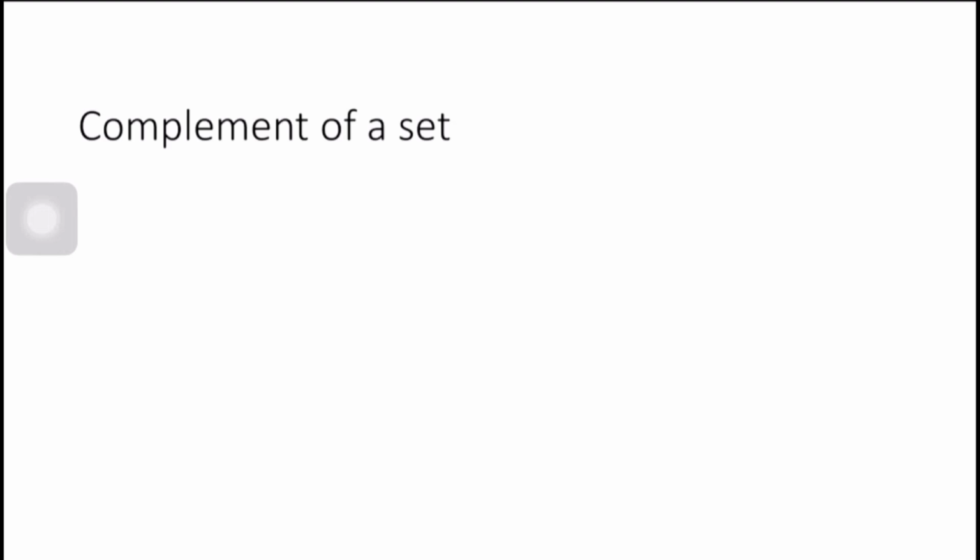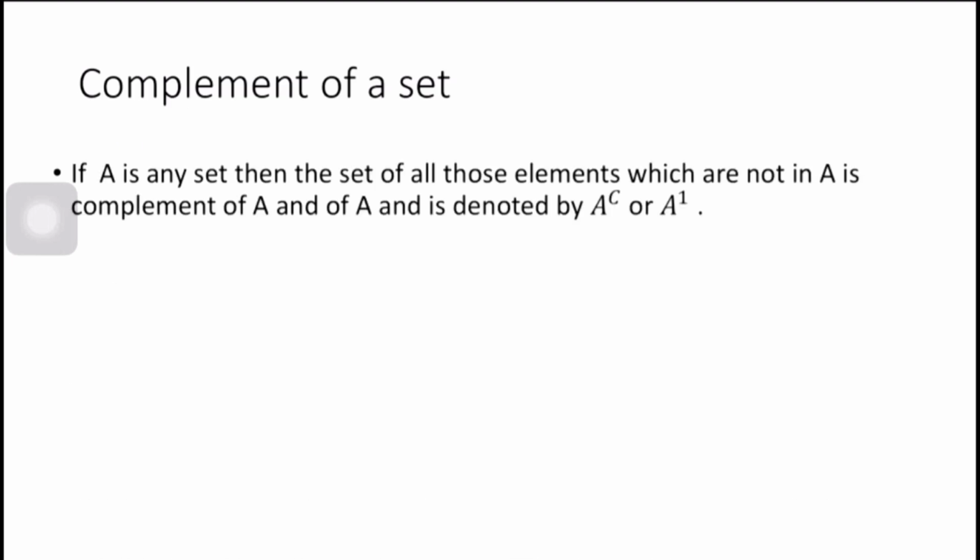Next one is complement of a set. If A is any set, then the set of all those elements which are not in A is the complement of A, and is denoted by A complement or A dash.